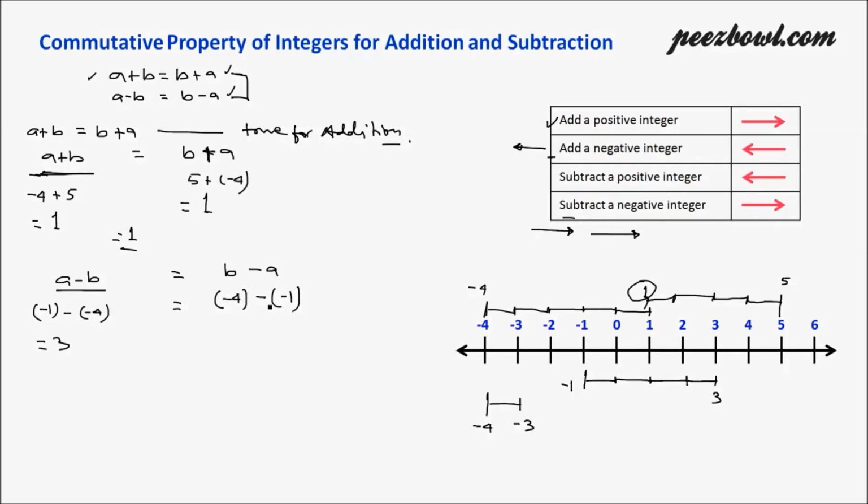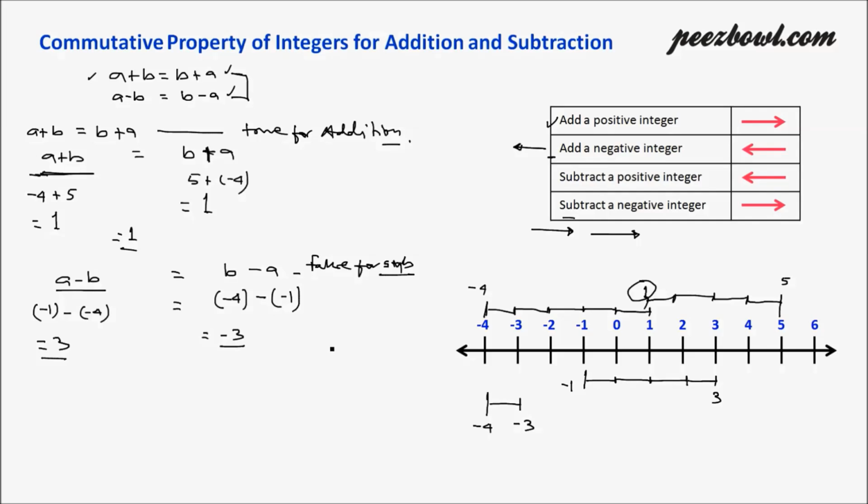So -4 minus -1 is equal to -3. We clearly can see that 3 is not equal to -3. That means the commutative property of subtraction does not hold good. It is not true. So a minus b is equal to b minus a is false for subtraction.